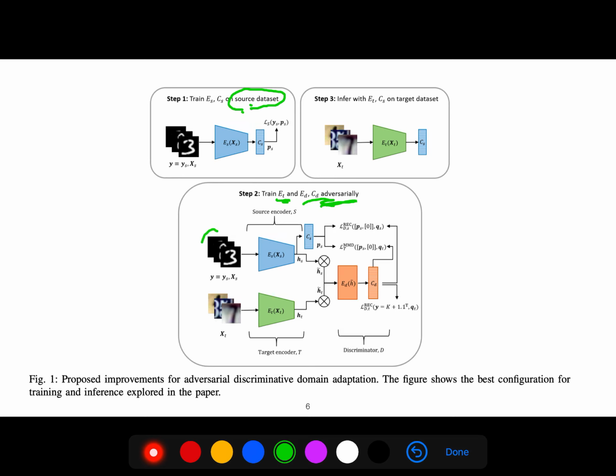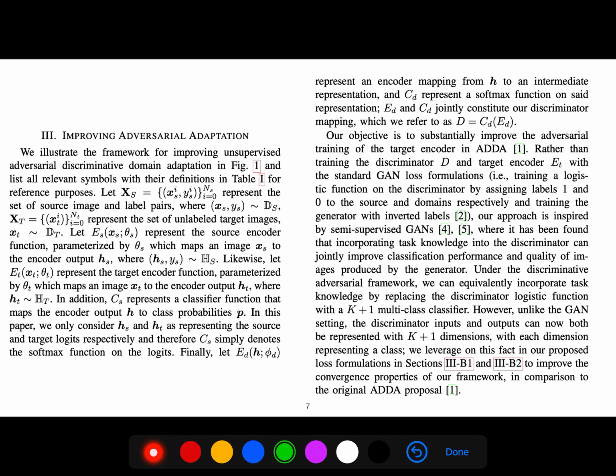For example, your source is MNIST data, but your target, as you see, are street view images of numbers. So here we have the source and target encoder separately, but this one is the same for the source. And then we have this, so we will go through that.